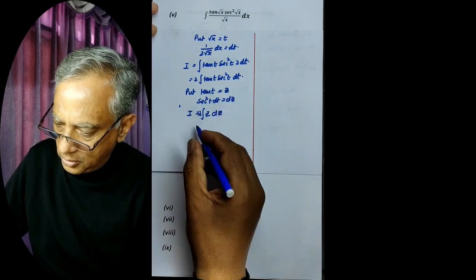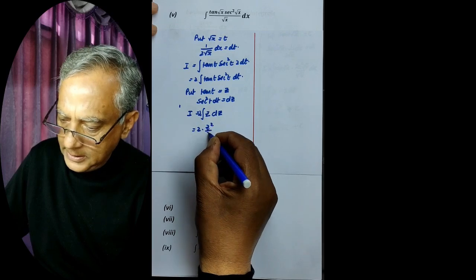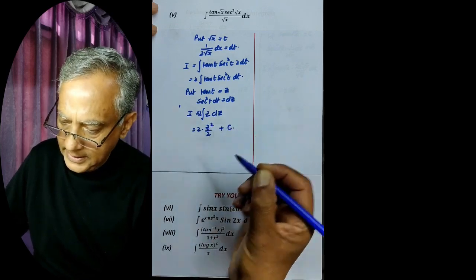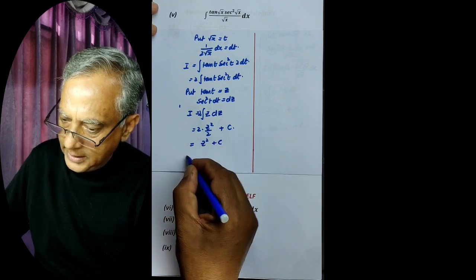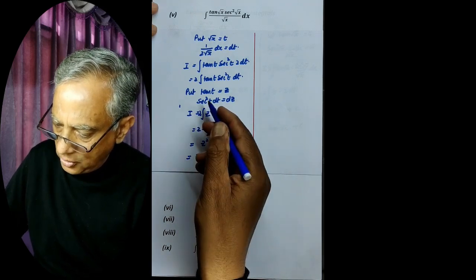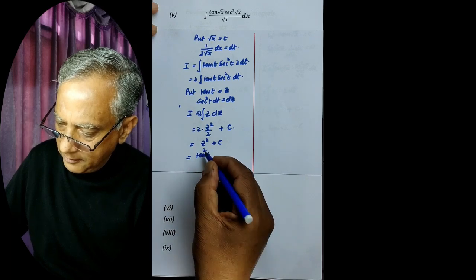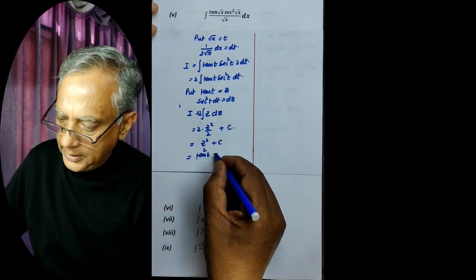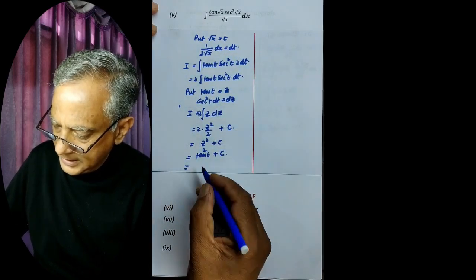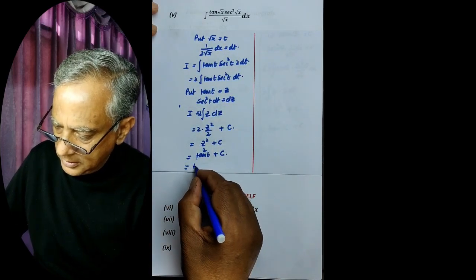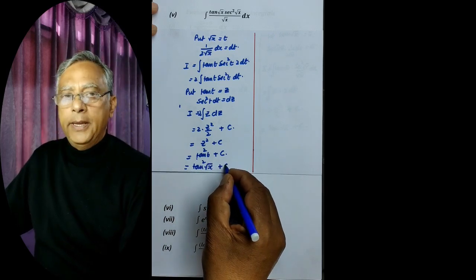So this will be 2 into z square by 2 plus c. That is z square plus c, and z is tangent of t. So this is tan square t plus c, and t is root x. So this can be written as tan square root x plus c.